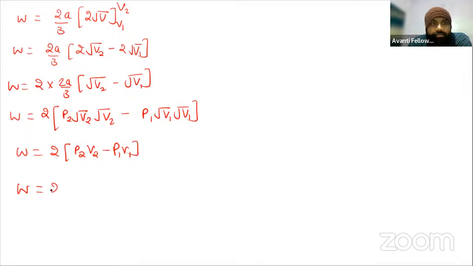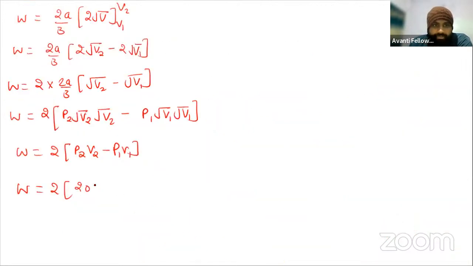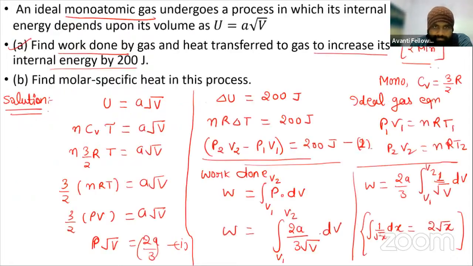Now we know the value of P2 V2 minus P1 V1. We have already got it from equation 2, it is given to you as 200 joule. And one mistake that we have made: delta U is n Cv dT, and Cv is 3 by 2 times R. So this P2 V2 minus P1 V1 will become 400 by 3.